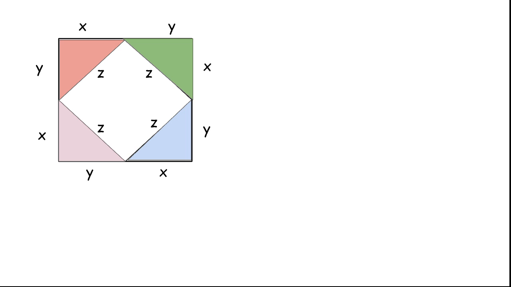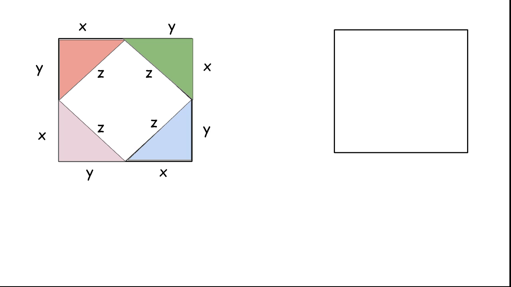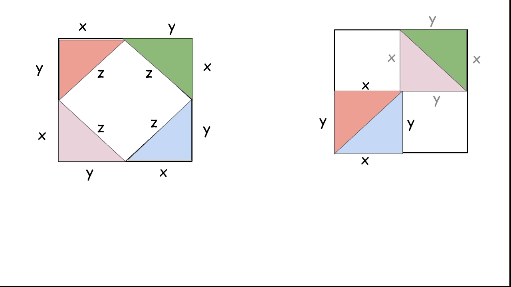Now let us take one more frame with the same right angle triangles, but they are rearranged in this manner, so that these are the sides, and in this way, so these are the sides. Now let us see one more thing.